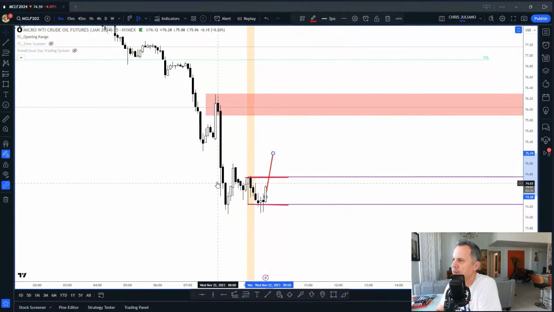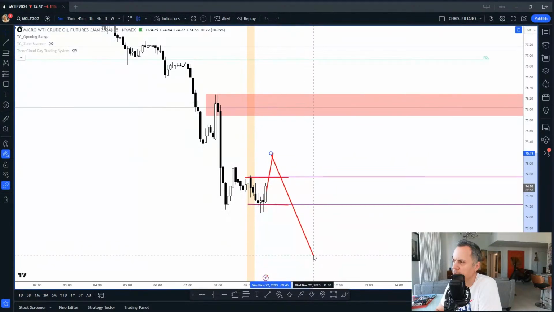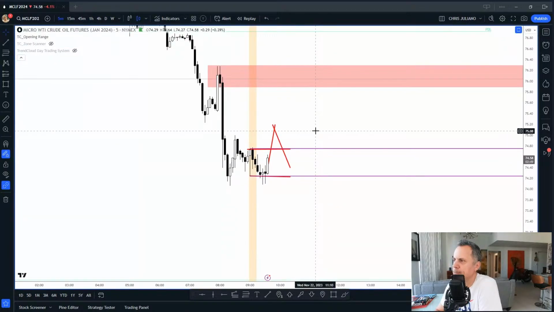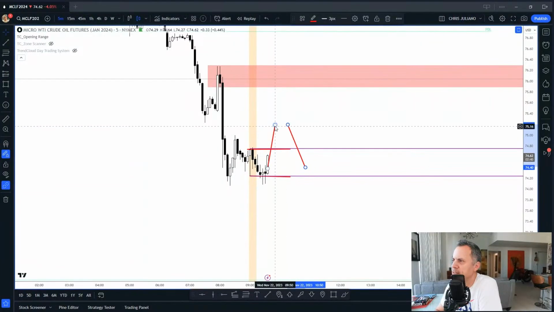What if it does something like this? What if it breaks above, breaks through structure here, and then pulls back? Can we take that long? I wouldn't do that, okay? Because at this point, you may get something like this, right? So, very, very dangerous. We don't want to just take any retest, okay? We don't want to take any retest.